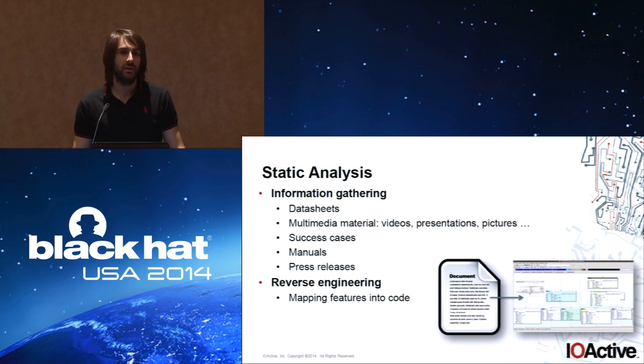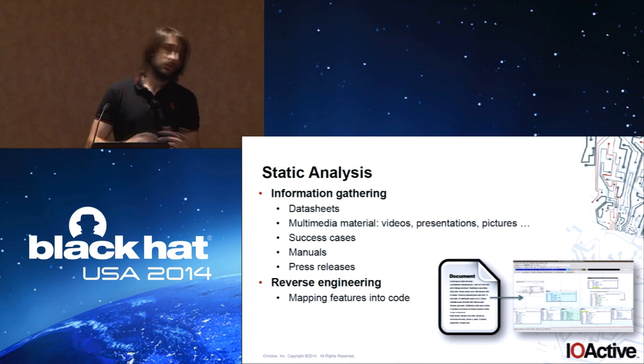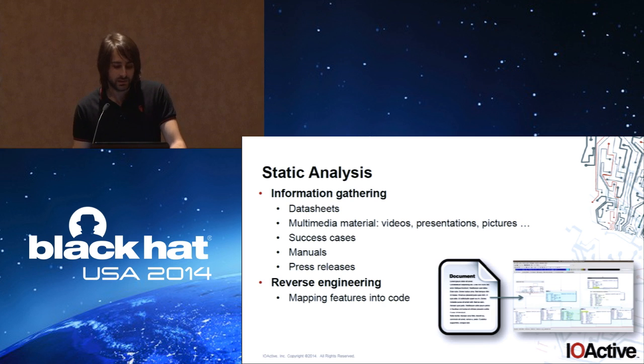During the information gathering stage, we have to collect as much information as possible from data sheets, multimedia material, success cases, manuals, and press releases, and during the reverse engineering stage, we are basically mapping features into code. All the technical slides I'm showing today follow the same pattern.